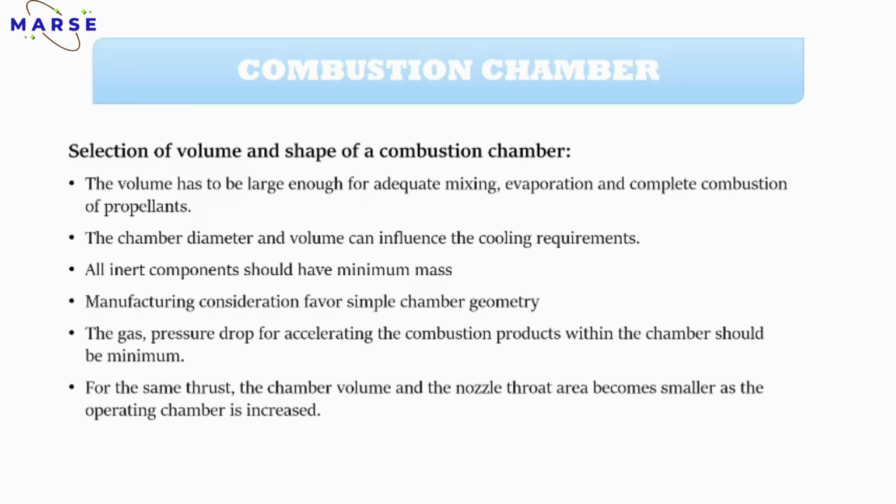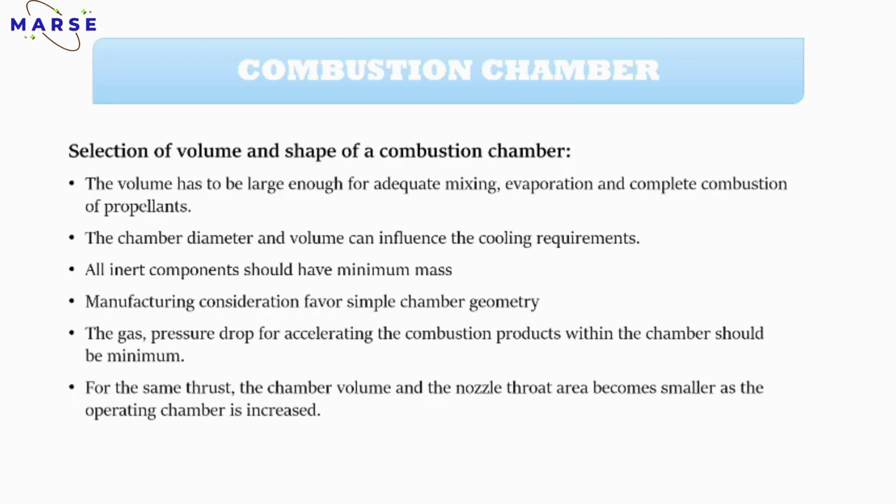For the same thrust, the chamber volume and the nozzle throat area become smaller as the operating chamber pressure increases. For example, if you are doing some testing and after one test you have got some results, but now if you change the parameters, then obviously you will get a different result.